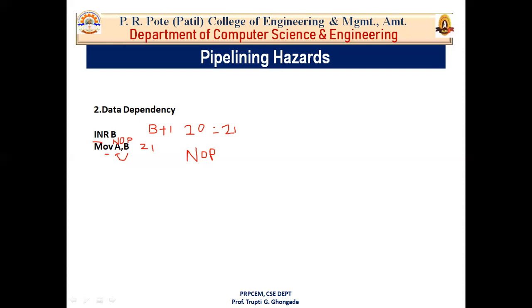processors. Then the third hazard, the third drawback that we have in pipelining, is the structural hazard. What is the basic definition of a two-stage pipeline? The definition of a two-stage pipeline is fetching the next instruction while executing the current instruction.